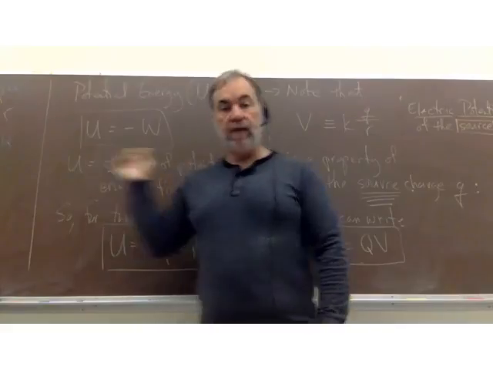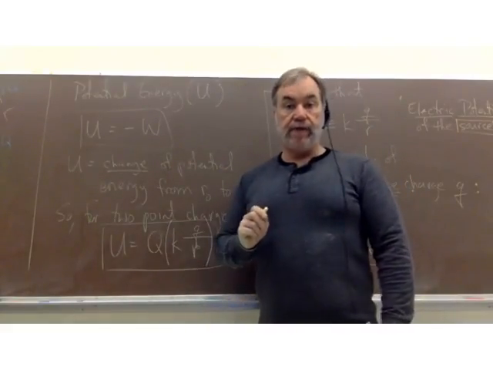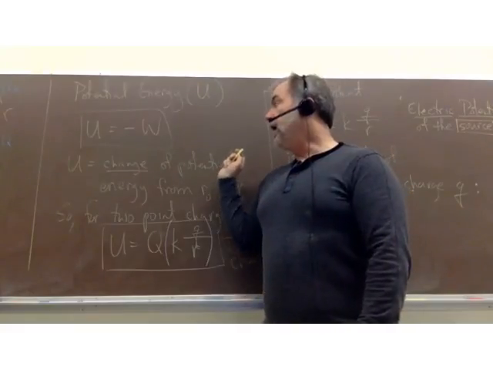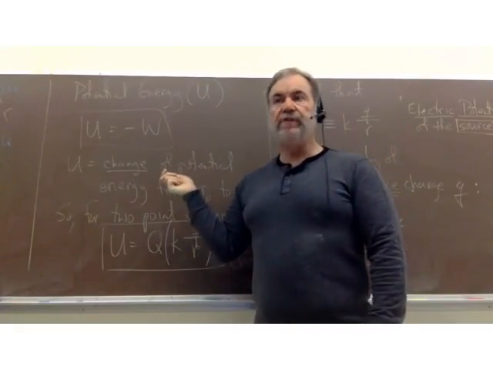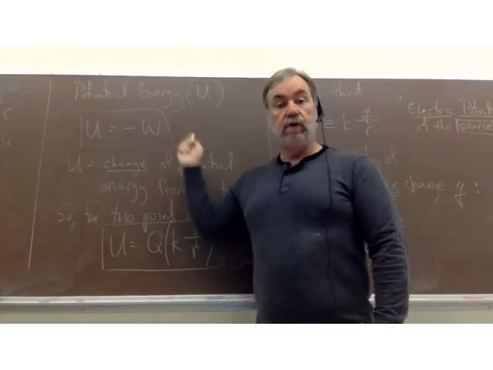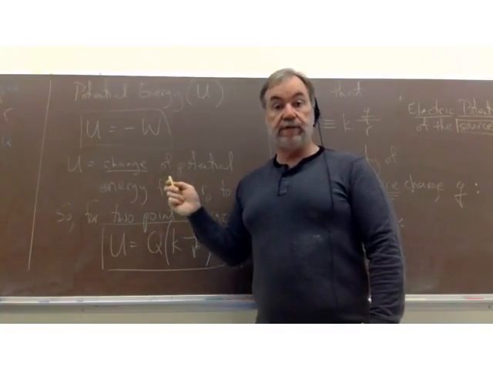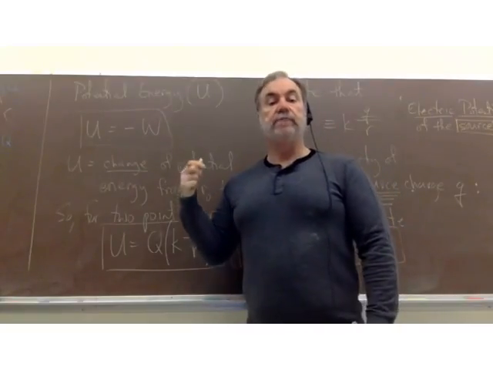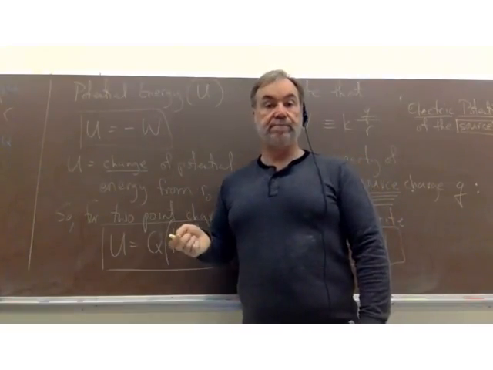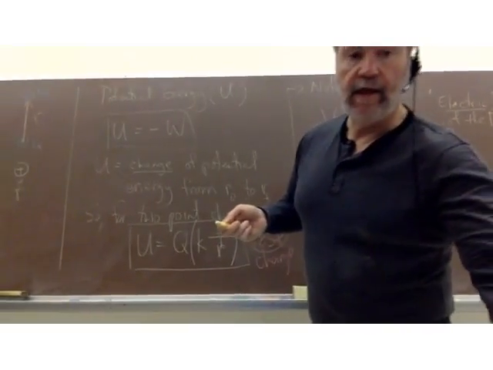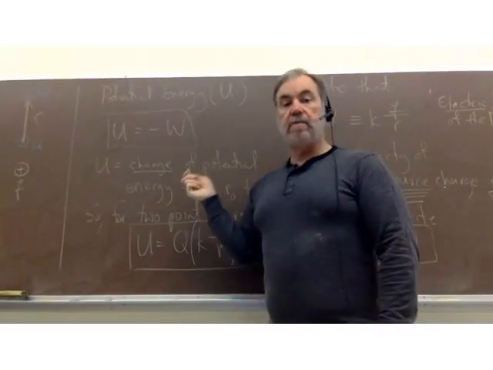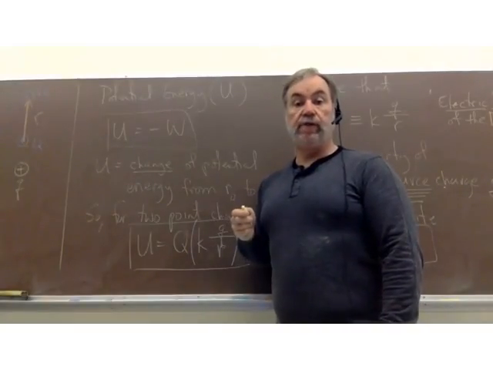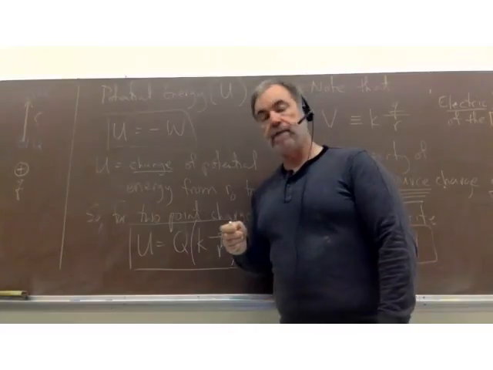That's the reason, and that's the power of the energy approach. So virtually anything that we can do with forces and fields, we can do with potential energies and potentials. And 99% of the time, it's mathematically easier to do it with energy than it is to do with forces and kinematics. Okay?